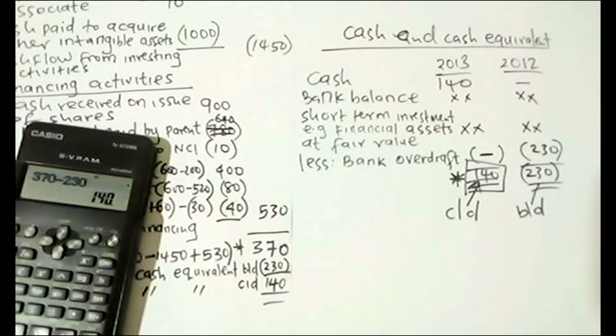So the cash flow statement you can mark for yourself. That is how you are supposed to do it using the indirect method.